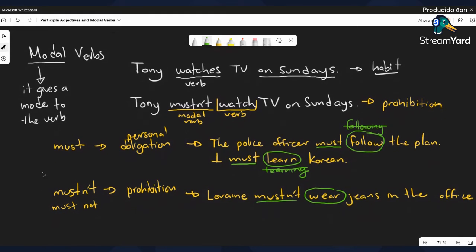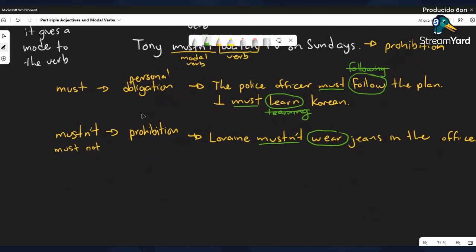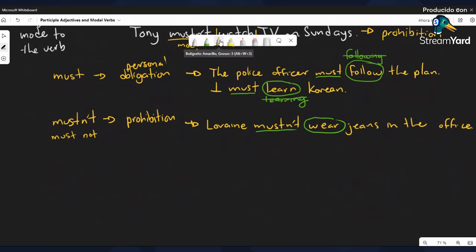Well, guys, this is the second one, and there are way more modal verbs. For example, I have can, right? Actually, when you use can, we're talking about ability. Also, we can use may, or we can also use might, to express possibility.